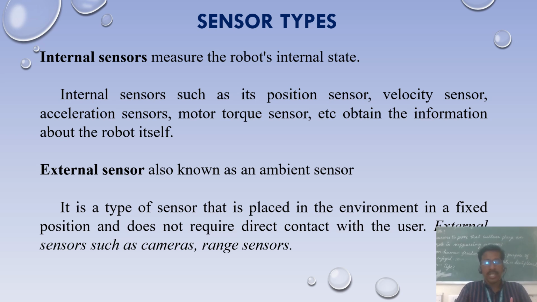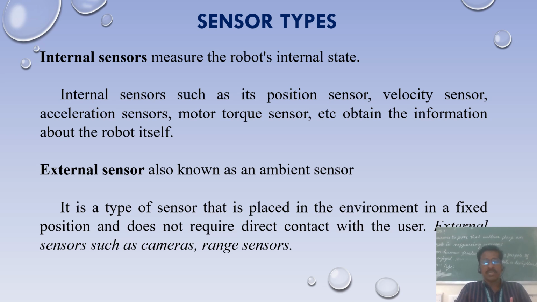The location, whether charge is available in the robot or not, how far it can transmit. So like that, it analyzes completely about the robotic system. Internal sensors include position sensor, velocity sensor, acceleration sensor, motor torque sensor, etc. They obtain information about the robot itself.